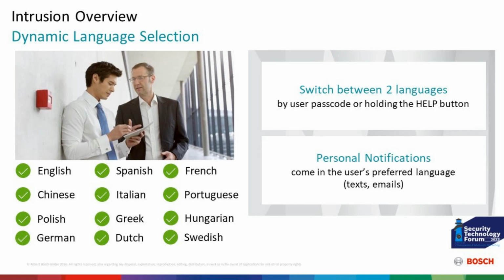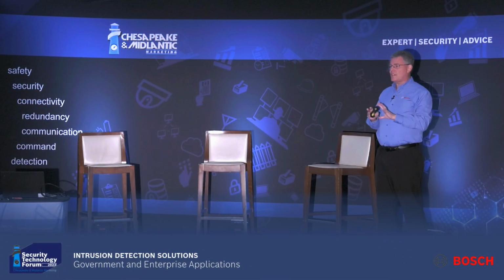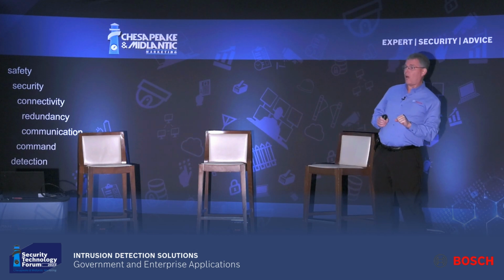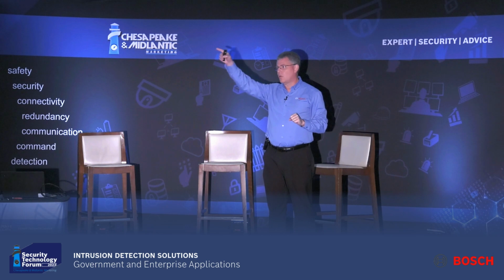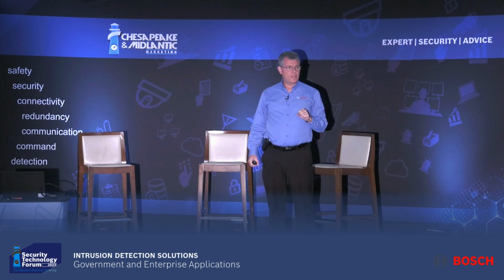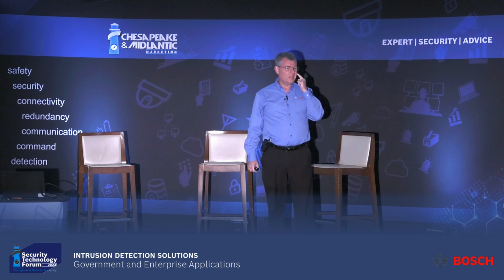Another feature, all of our panels support up to 12 different languages. You can have 2 languages at once. The advantage here is the person who's operating your system isn't necessarily an English speaker. That's fine when everything's cool and they arm the system and leave. But if they arm the system and it won't arm because the door to the warehouse is open, and they're really not a good English speaker, they don't know what to do.